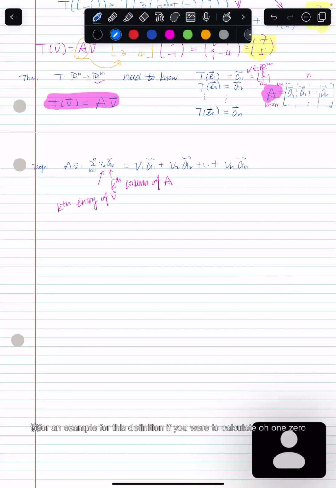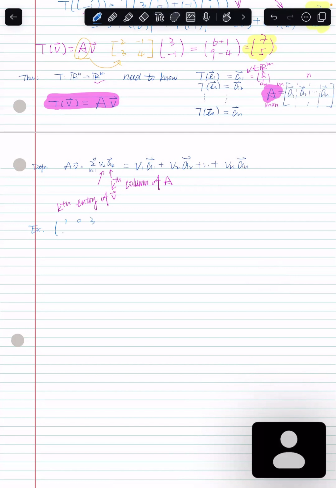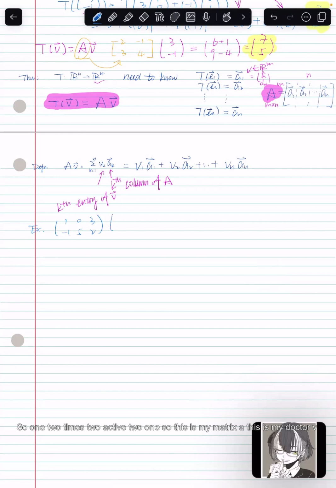Okay, for an example of this definition, if we were to calculate the matrix with rows 1, 0, 3 and 1, 2, 0 times the vector 2, negative 2, 1.